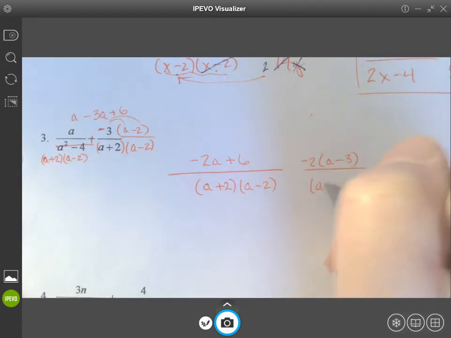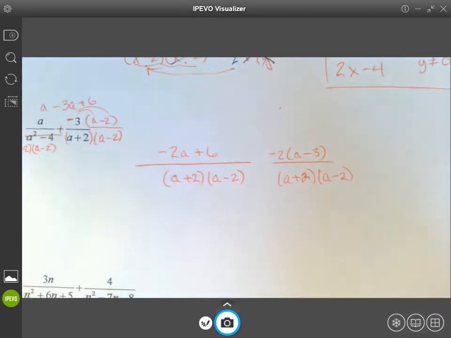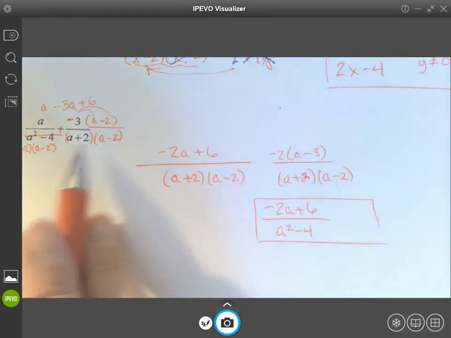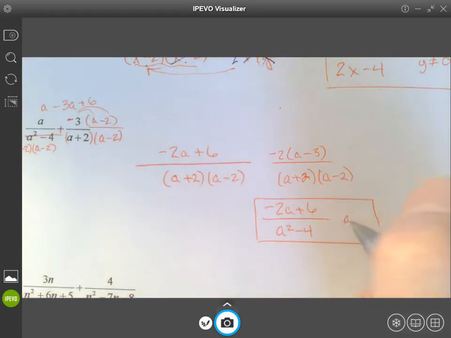Does that help me cancel anything? So we are just going to put it back together, and that would be negative 2a plus 6 over a squared minus 4, that difference of squares. Domain restrictions, a can't be positive or negative 2.